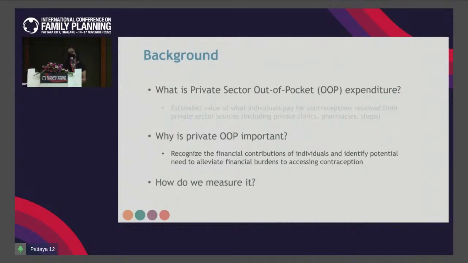And I would argue also that it helps us identify potential needs to alleviate financial burdens in accessing contraception. So we might see places where what is coming from out-of-pocket expenditures could benefit from additional subsidies, additional support, or might be producing financial burdens that are making contraception less accessible, less affordable.